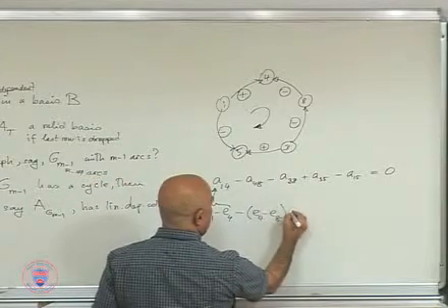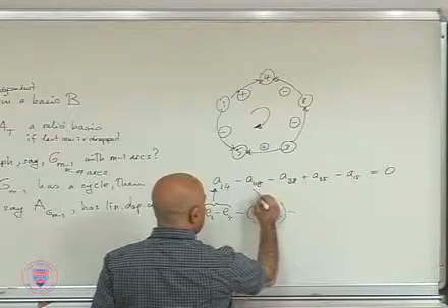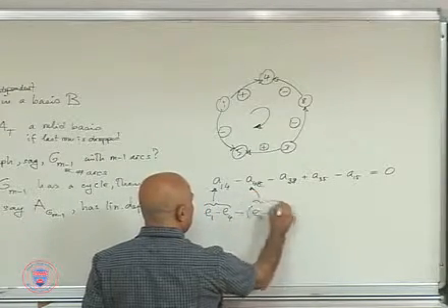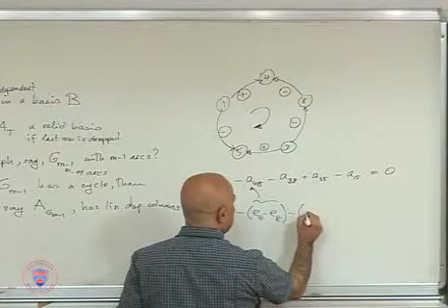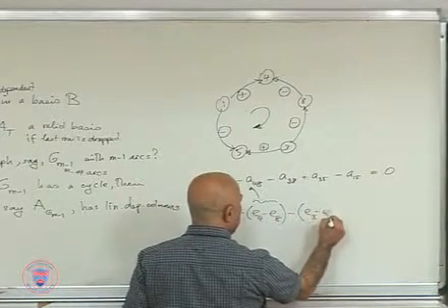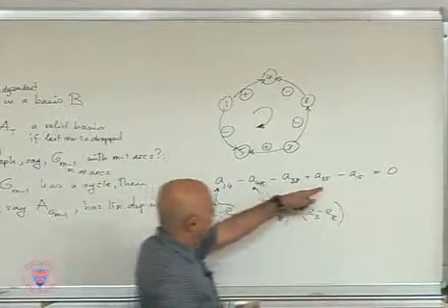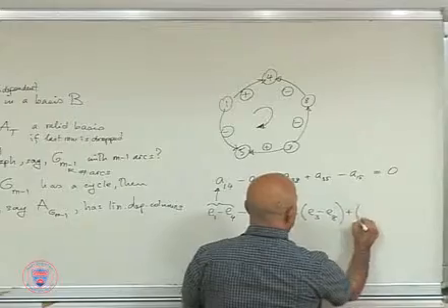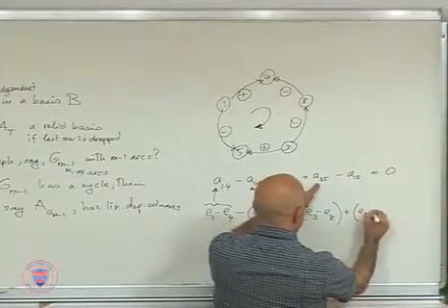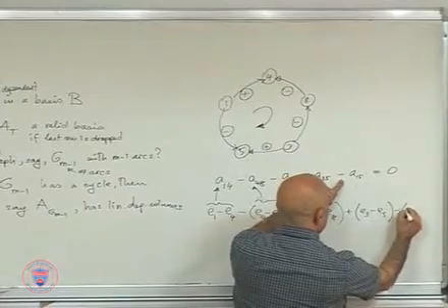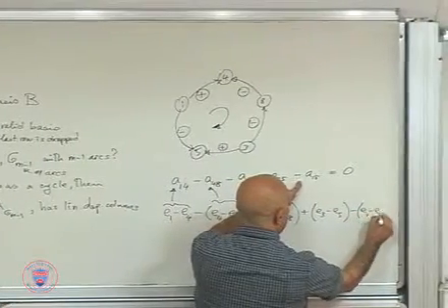Let's look at this one again with a minus sign. So this one gives you that. This one is E3 minus E8. Then we have plus E3 minus E5, and then minus E1 minus E5.